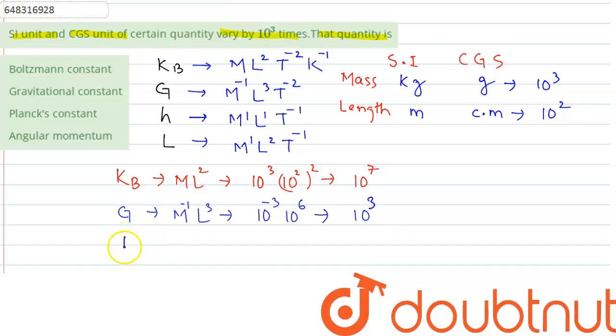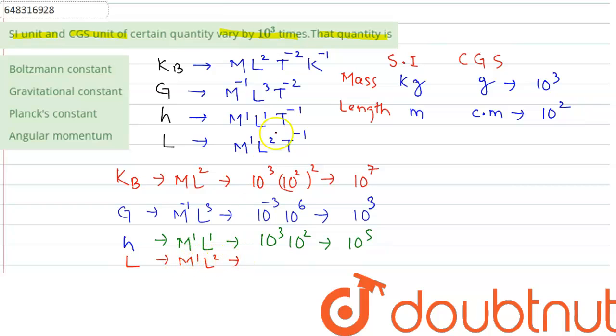For Planck's constant h, we will write only the mass and length dimensions. This is 1 and this is also 1... so we will get 10 to the power 3 times 10 to the power 2, which is 10 to the power 5. Last, we have angular momentum L. For that we have M^1 L^2.